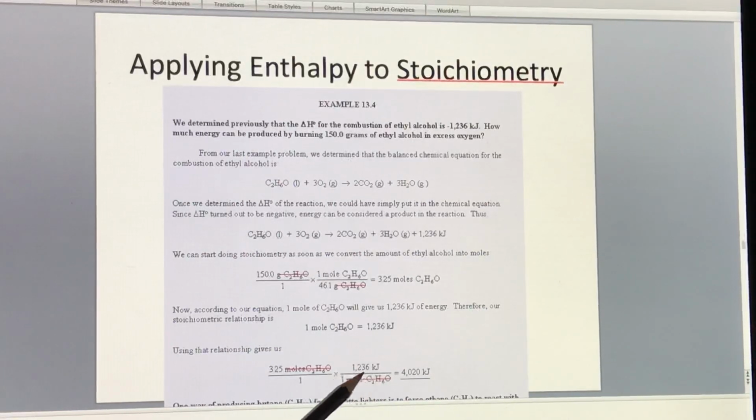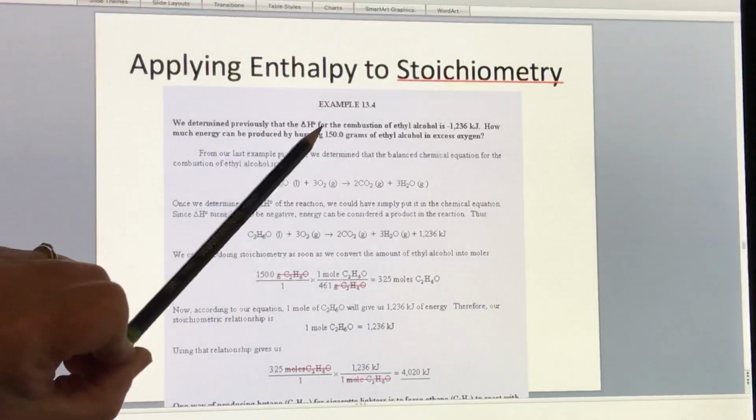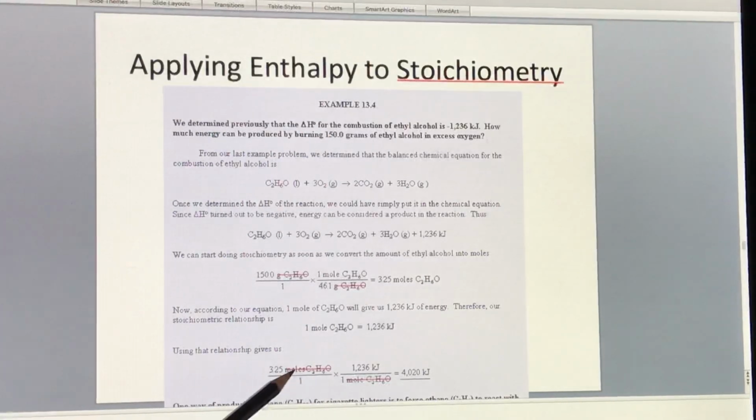We have the number of kilojoules per mole, and we can multiply that times the number of moles that we were provided with after we converted from grams. And then that gives us the total number of kilojoules if we had this number of moles to start with.